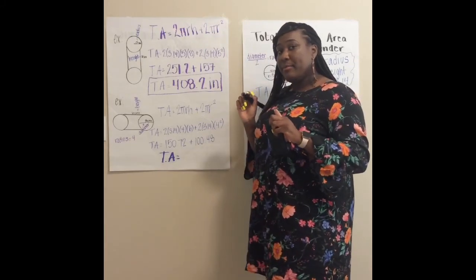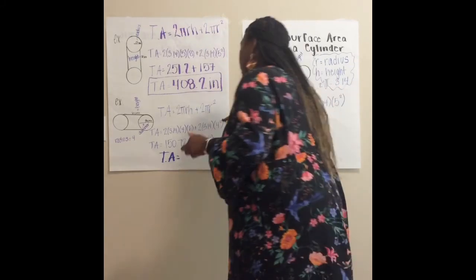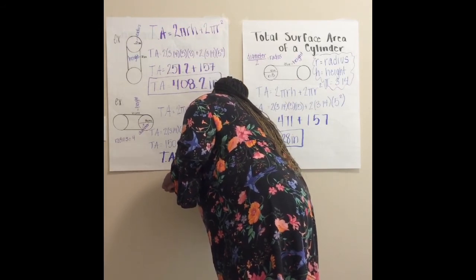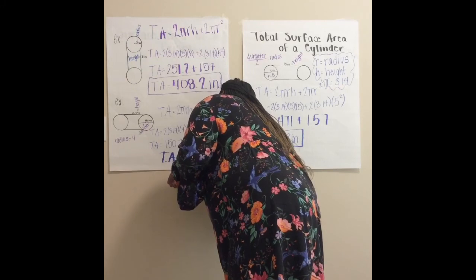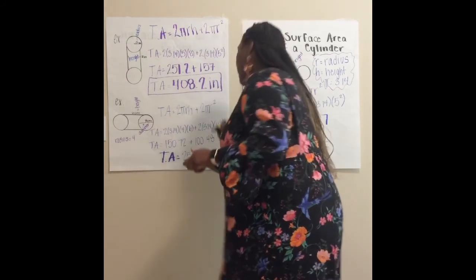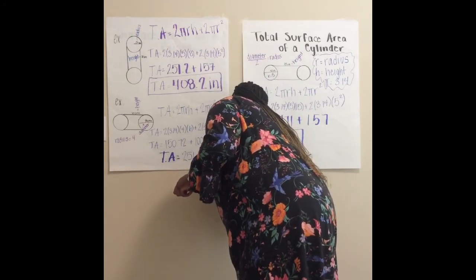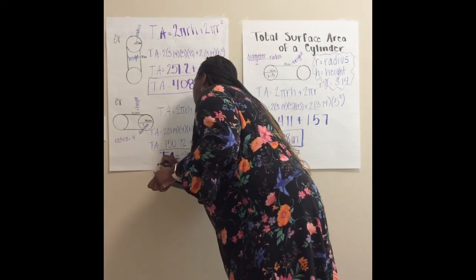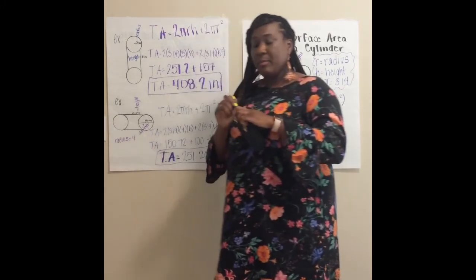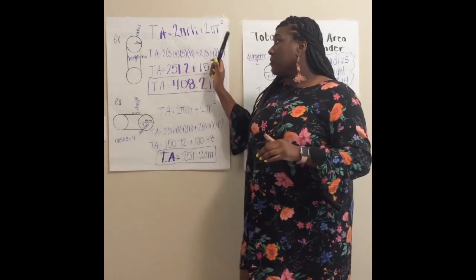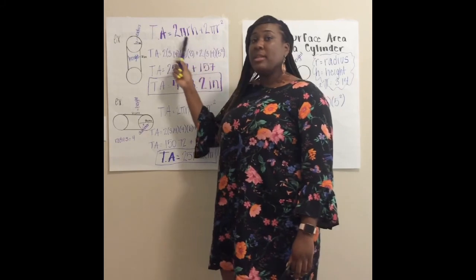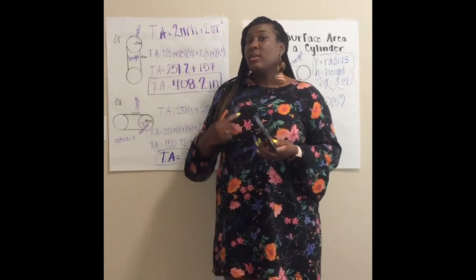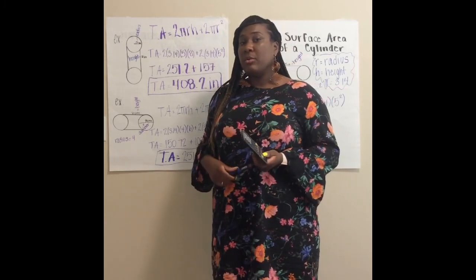And you should have gotten 251.2, and our units are centimeters. So again, guys, always remember, step 1 should always be to write your formula. Step 2 should always be to label the picture that they gave you. Write your formula. The more you write it, the more you remember it, all right?